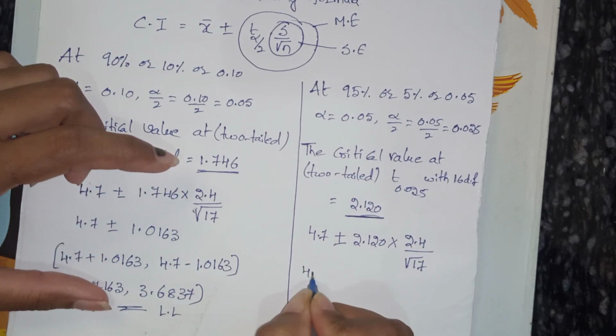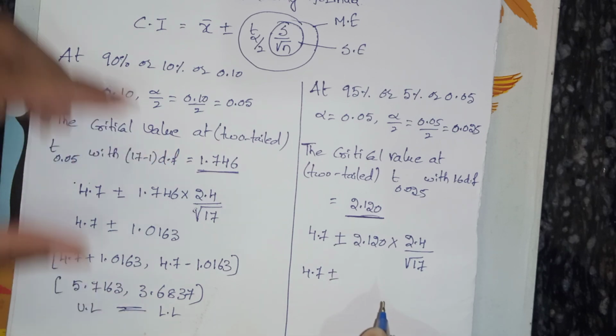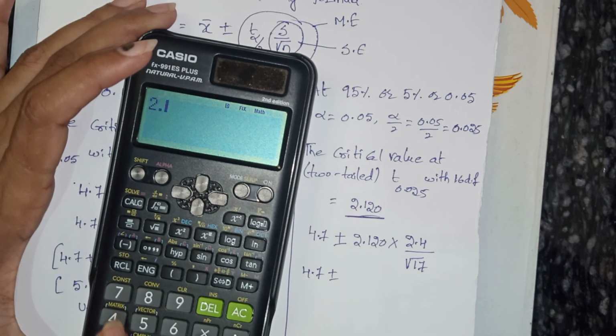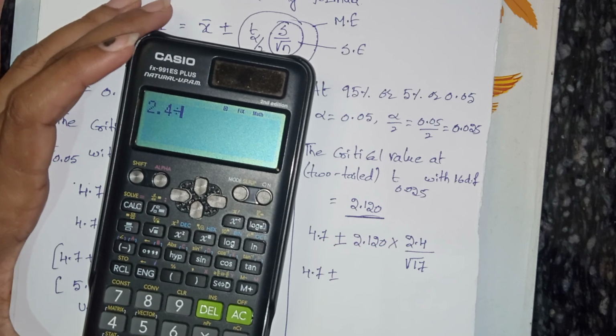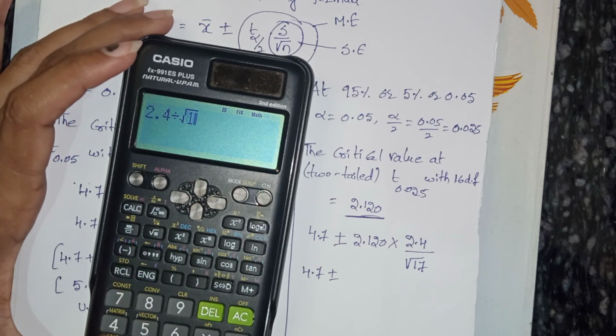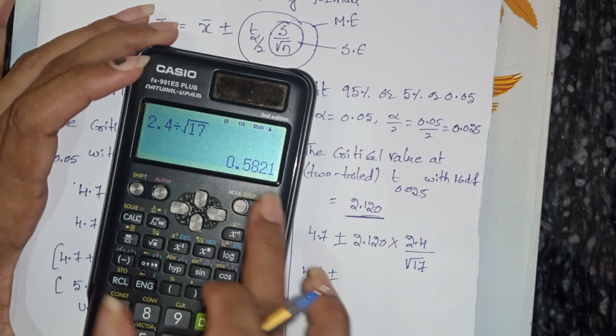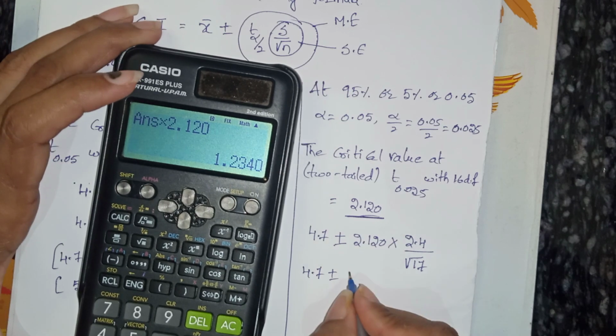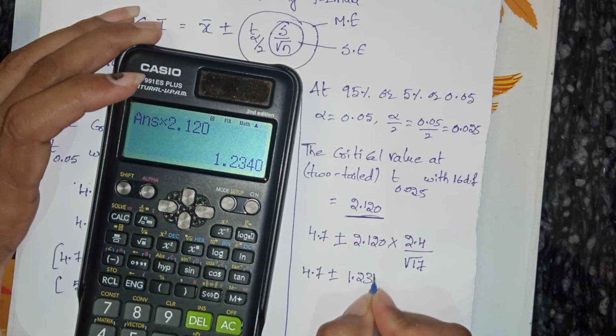So 4.7 plus or minus 2.4 divided by root 17 equals 0.5821 into 2.120. So that equals how much? 1.2340.